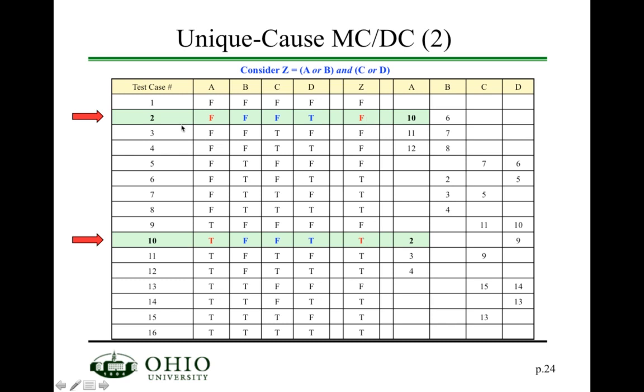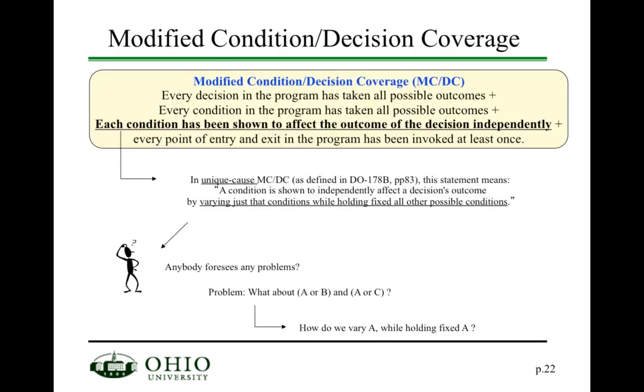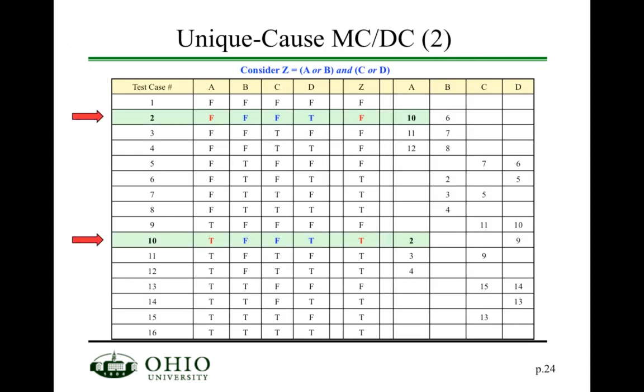So the combination of test case 2 and test case 10 can be used to show independence for A. It can be shown that I can change the outcome by just changing A for these test cases.